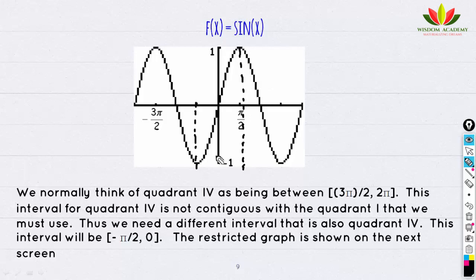Now you see, from here to here no values have been repeated. If I take from 0 to 2 pi, it does not work. But if I take minus pi by 2 to positive pi by 2, by reducing this interval I can make the sine function a one-to-one function and onto function, so it is a bijective function.